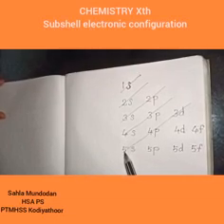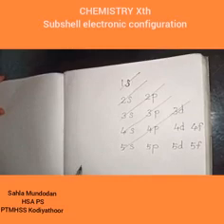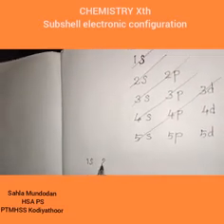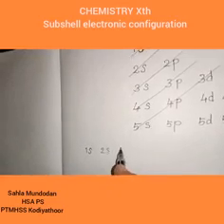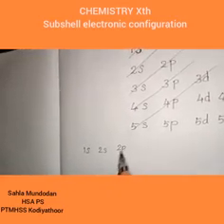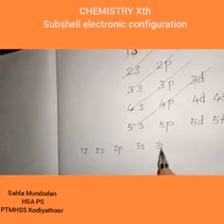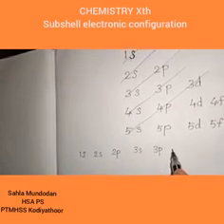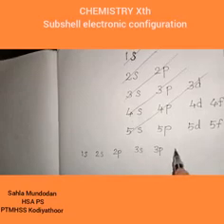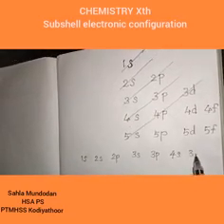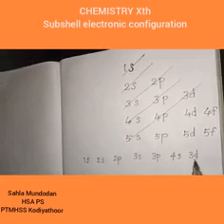That is, electrons are filled in the order that is 1s, 2s, 2p, 3s, 3p, please listen, 3p, then 4s, then 3d. What is the reason for this?